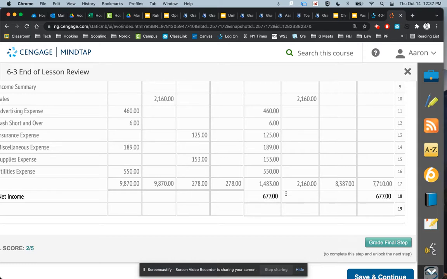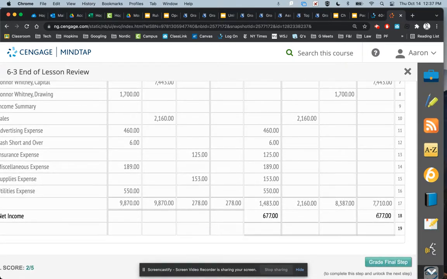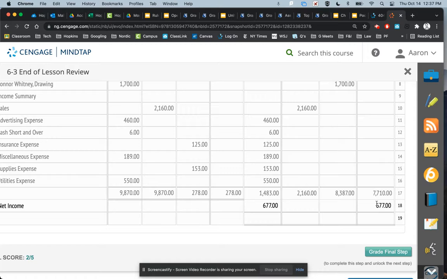So if the business turns a profit of 677 for the fiscal period, that just means that $677 of cash came into the business after taking out expenses. So what is left over of that cash is $677. And so we move that over to the credit account because it's a positive number. If you remember, a credit to owner's equity increases owner's equity, right? A positive return or a net income increases owner's equity.